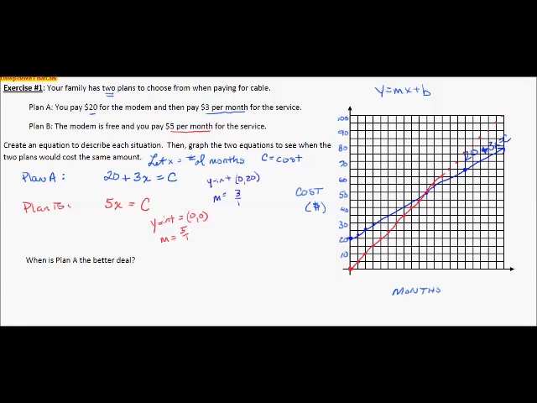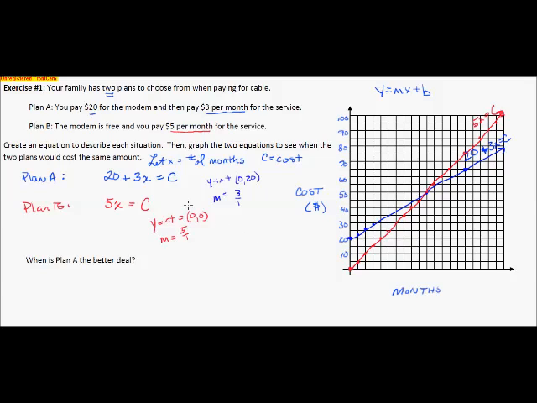Of course with a ruler it's going to be spot on for you. Alright, and I'm going to label this one 5x equals c. So the person reading the problem knows that this red line is 5x equals c, and the blue line is 20 plus 3x equals c.